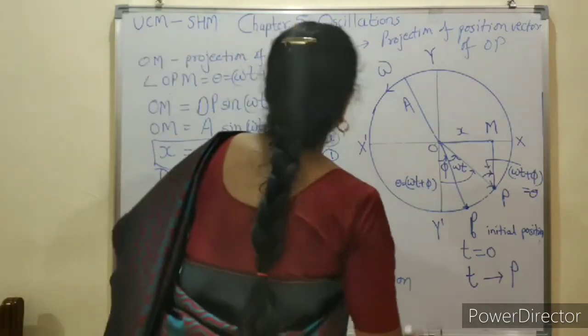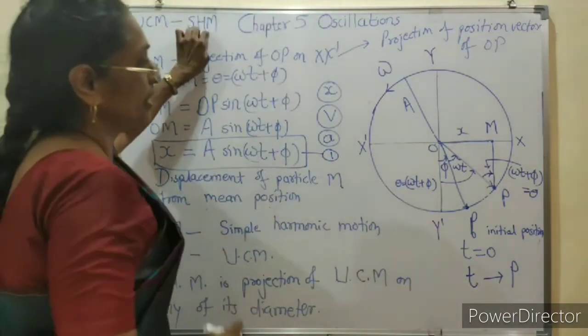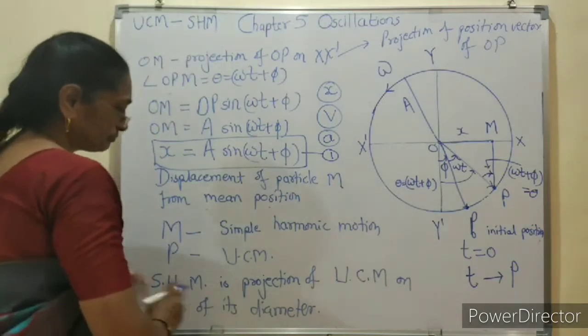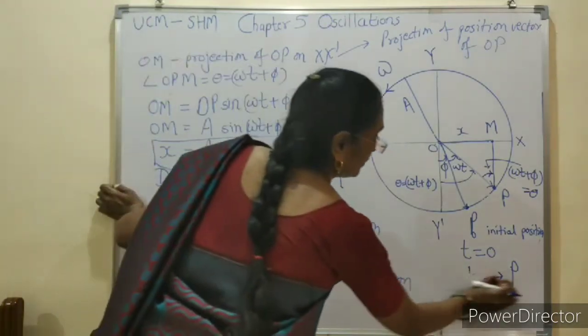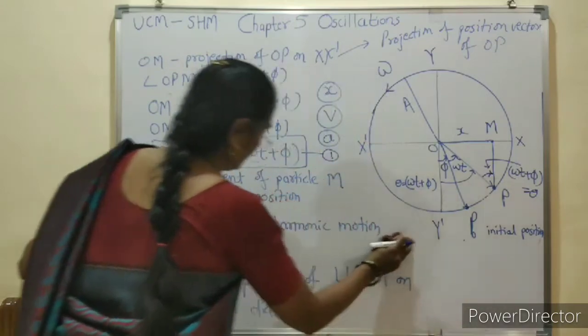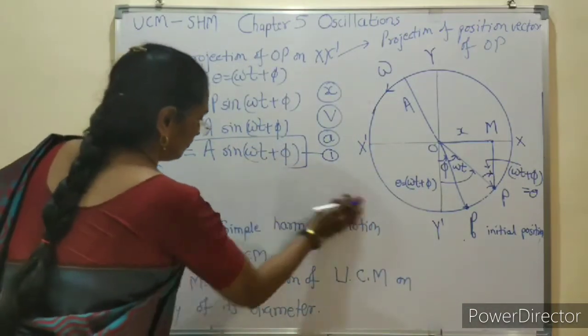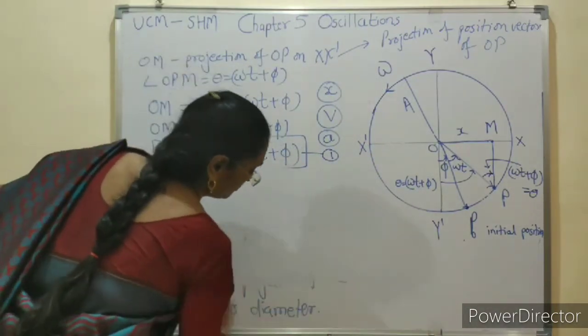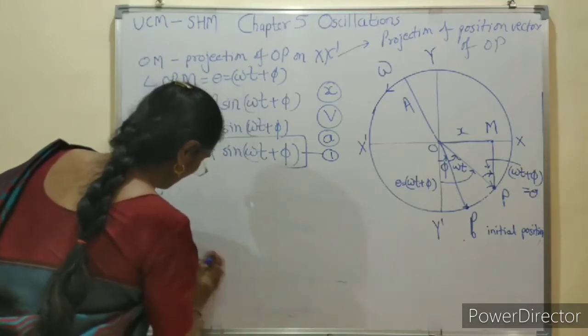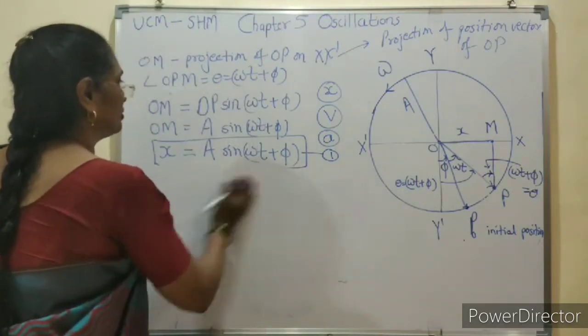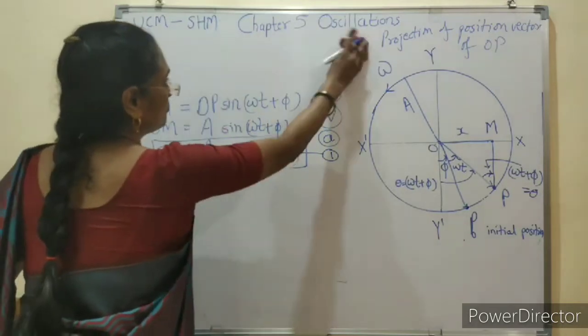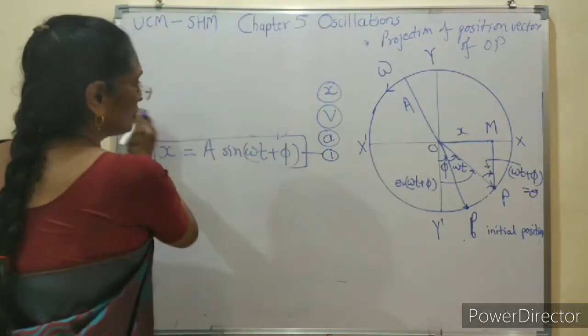So this is about the relationship between UCM and SHM. Now we consider the equation for the simple harmonic motion, expression of displacement of simple harmonic motion, and write some terms here from that equation.